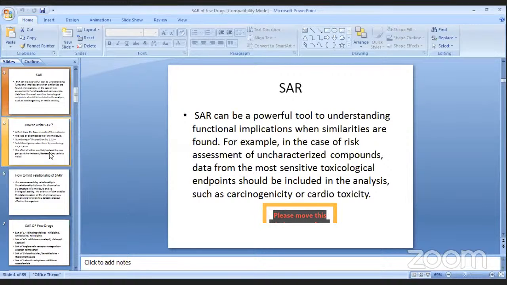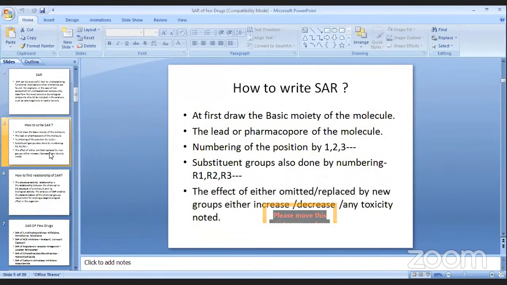So how to write SAR? It is very important. While writing, you have to first see the basic moiety of the molecule. What is basic moiety? Basic moiety is where you can see the lead compound or pharmacophore.